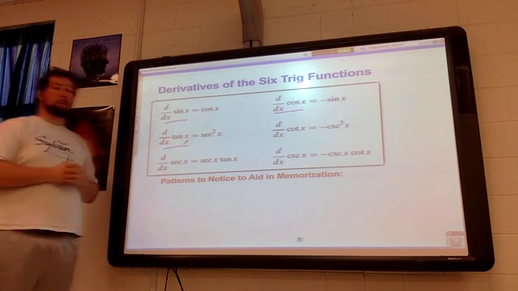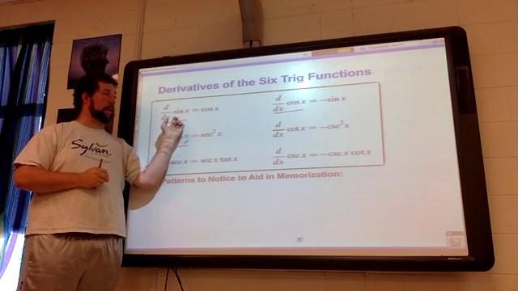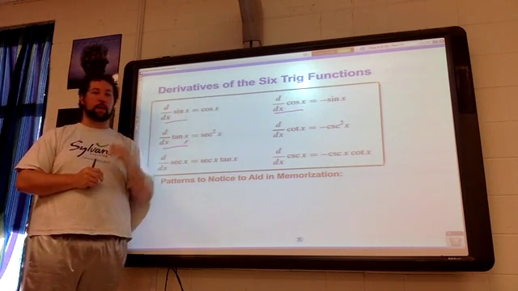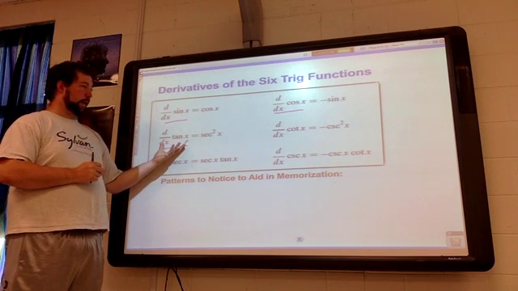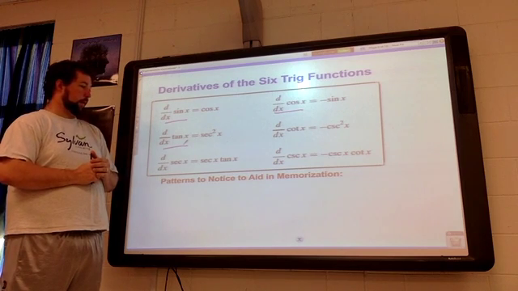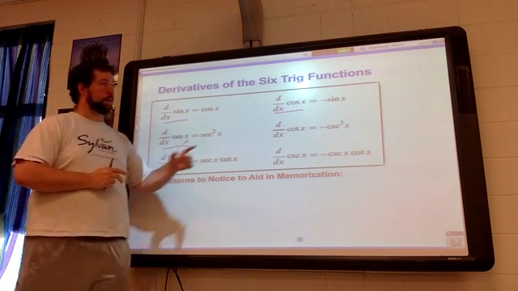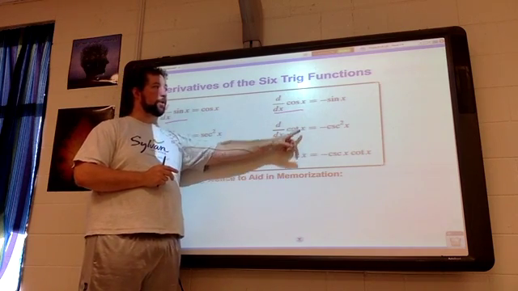Now it's a little help in memorization. Hopefully you're just going to memorize sine goes to cosine goes to negative sine. And then maybe the tangent is secant squared. But let's look at some patterns to notice. Notice that when we take the derivative of all the co-functions, each of those start with a what?